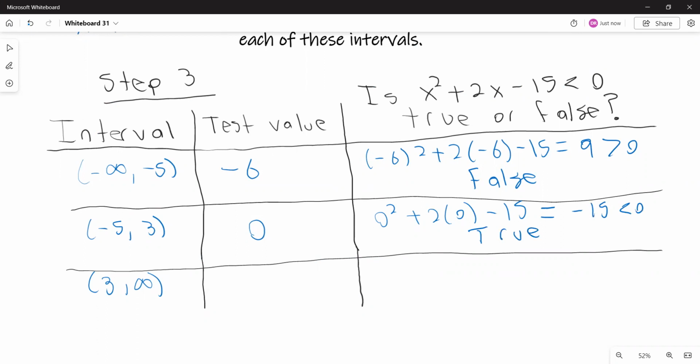And on 3 to infinity, we can pick 4. And evaluate. 4 squared is 16. 16 plus 8 is 24. 24 minus 15 is 9, which is false.